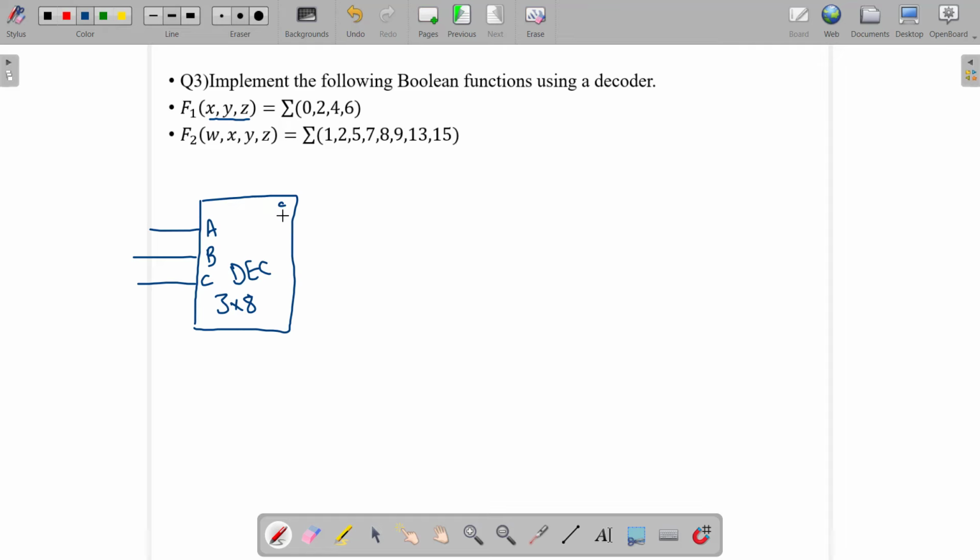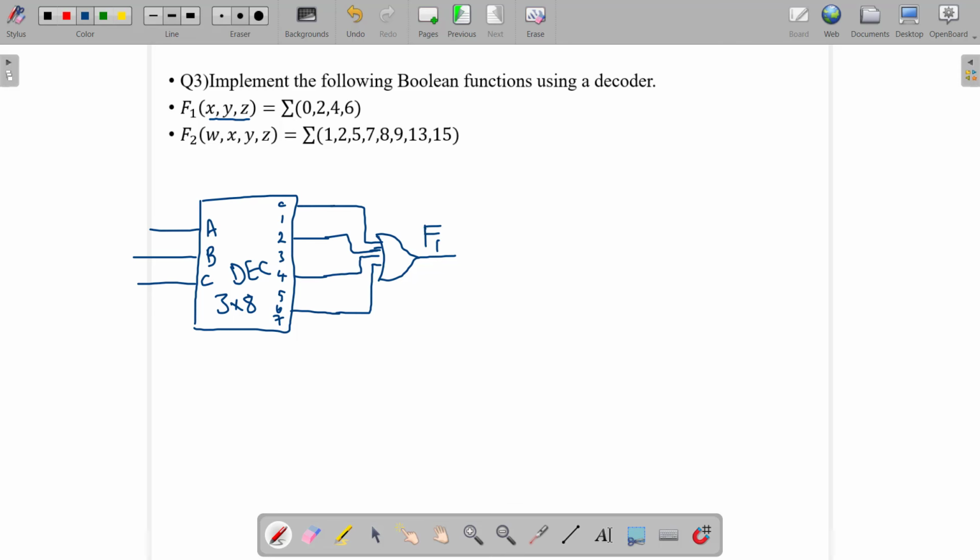It means that we have 8 outputs, 0 to 7. Each output represents a min term. So it means that 0, 2, 4, and 6 are used for designing this Boolean function using the OR gate. So in this form, as you can see, we can design our F1.